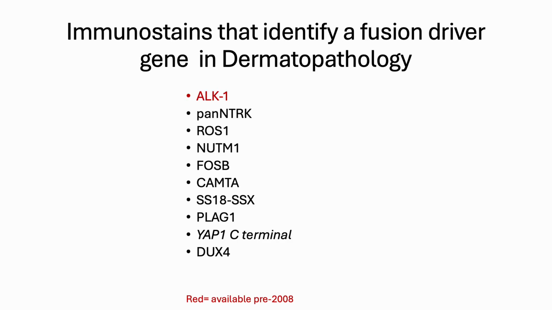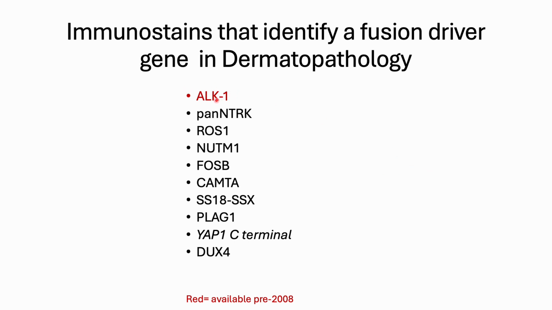So that's it for my individual diseases, but I just wanted to give you a feel for how much this field has progressed in the last few years. In red, I've highlighted immunostains or tests that were available in 2008. 2008 has no significance except it's the year that I returned to academics.